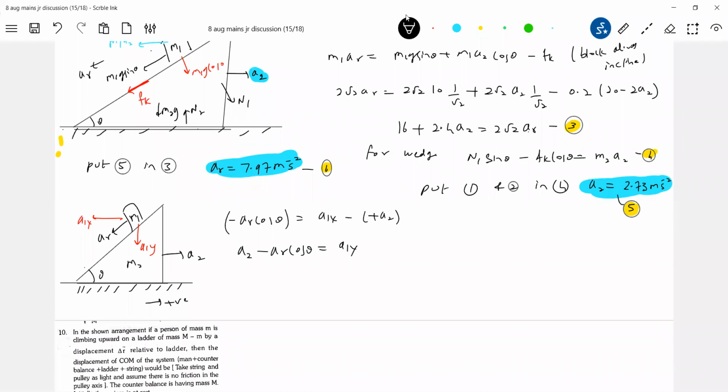I know equation 5 and 6. Put 5 and 6 in 7, so I'll get the A1x. So what is the value of A1x? 2.9.